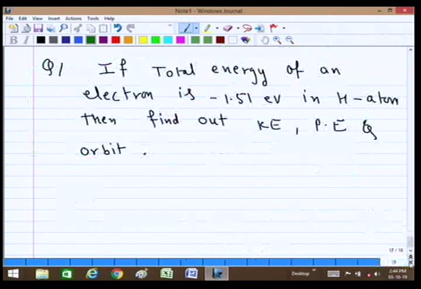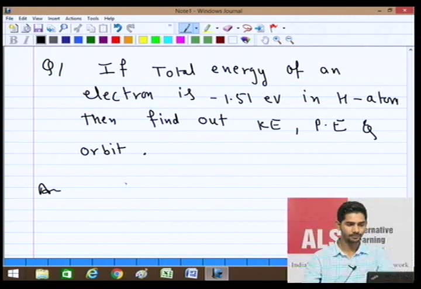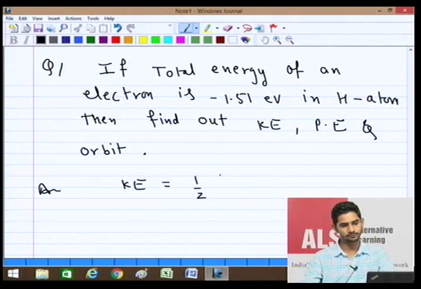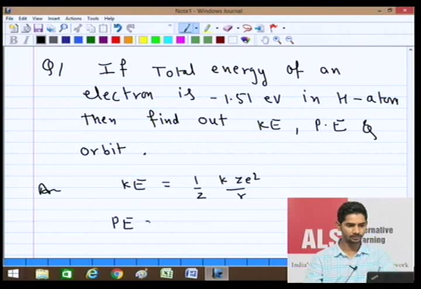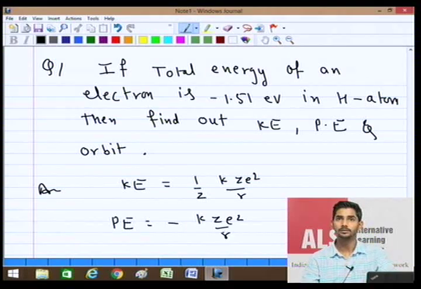But I think in this question, this formula cannot be directly used. Guys, see, we have just seen that kinetic energy is equal to half of kZe square upon r, whereas potential energy was equal to minus half of kZe square by r.